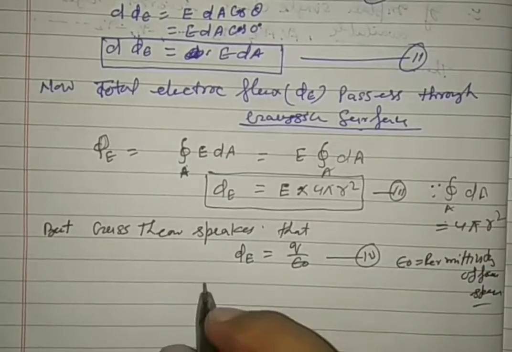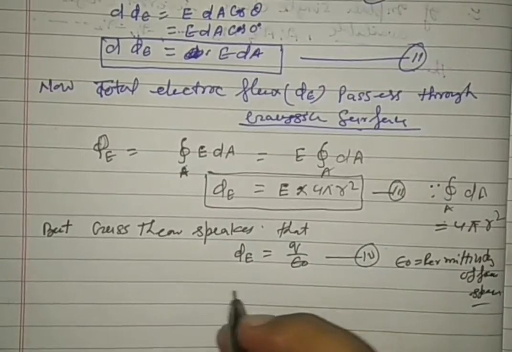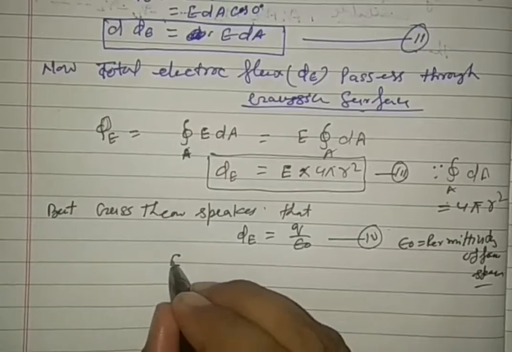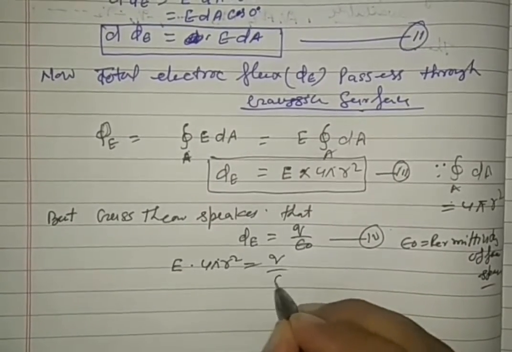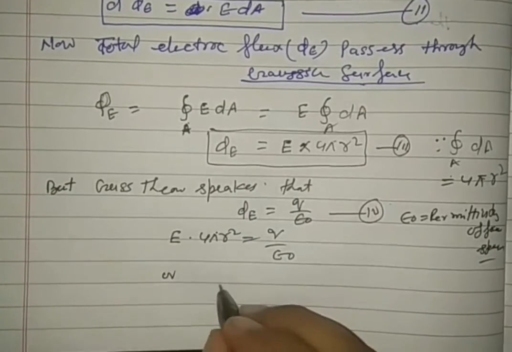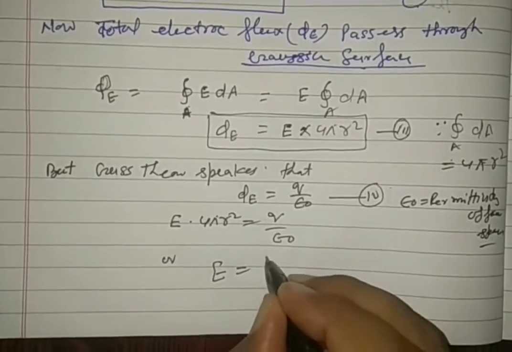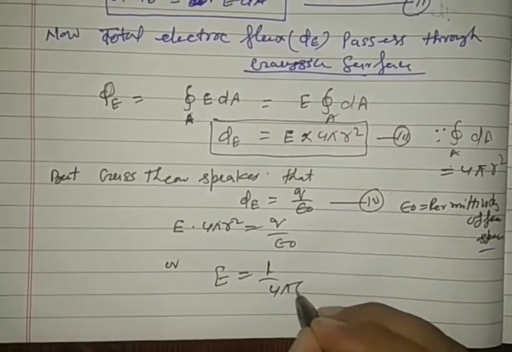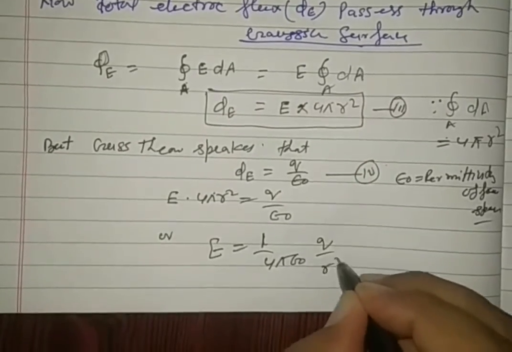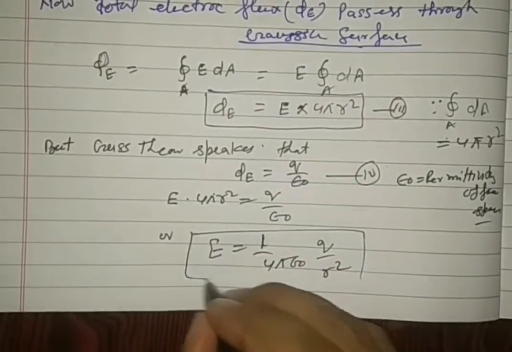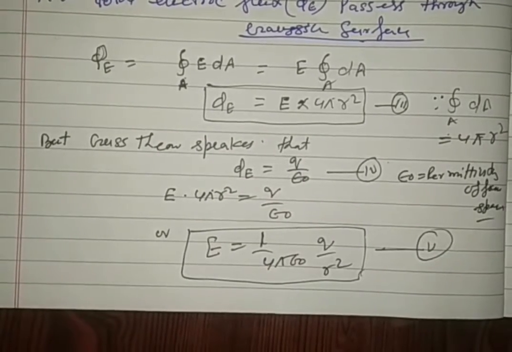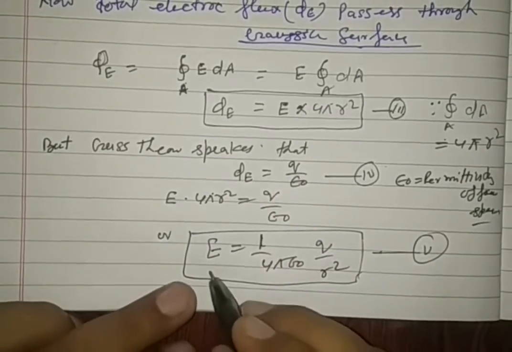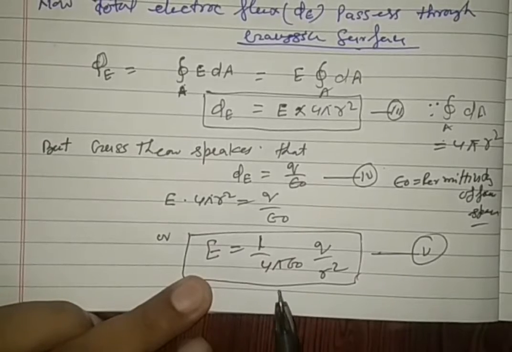Now from equations 3 and 4, compare: E into 4 pi r square is equal to Q by epsilon 0, or we may write E is equal to 1 upon 4 pi epsilon 0 Q by r square.